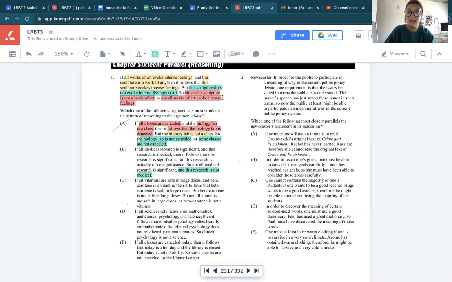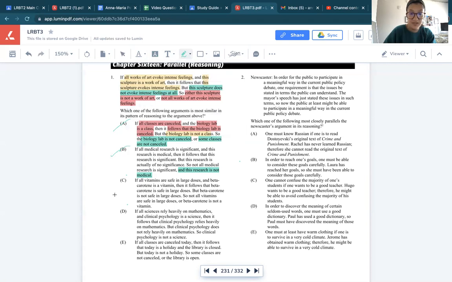In the last sentence in the stimulus, it says either this sculpture is not a work of art or not all works of art evoke intense feelings. This one is saying, so not all medical research is significant and this research is not medical. It's not saying, or this research is not medical. So that keyword, and, does not follow the same reasoning pattern as the stimulus. So that is incorrect. Now let's go through C.